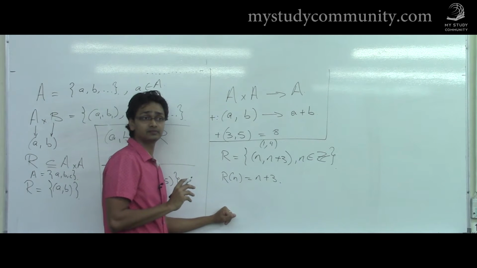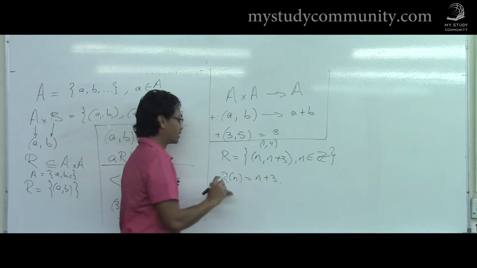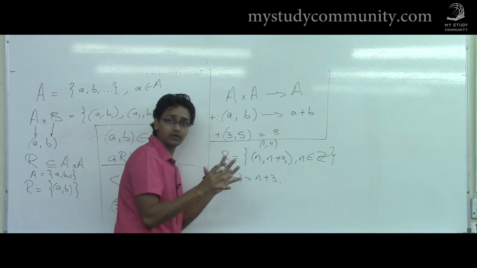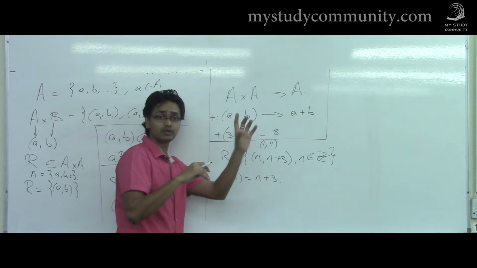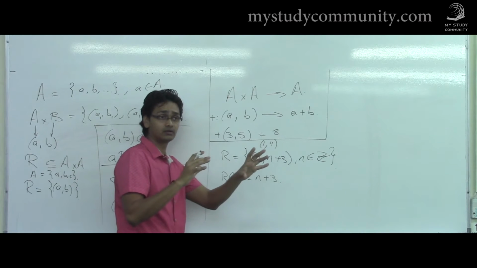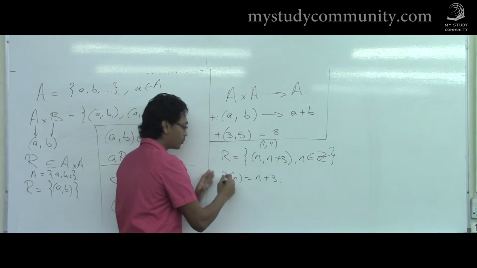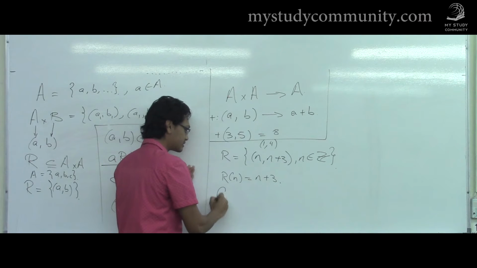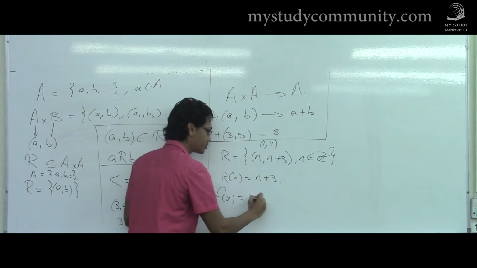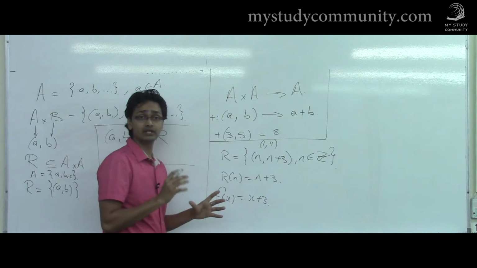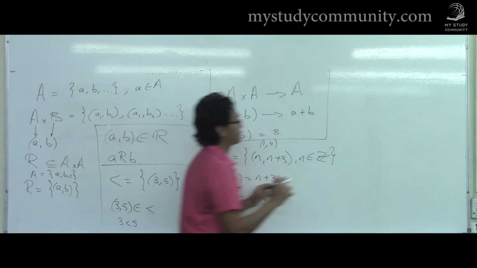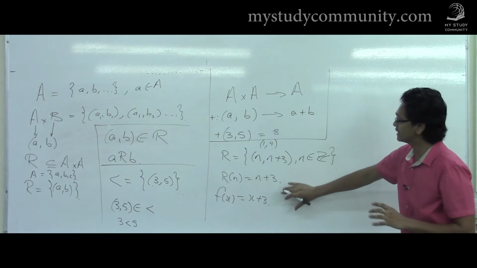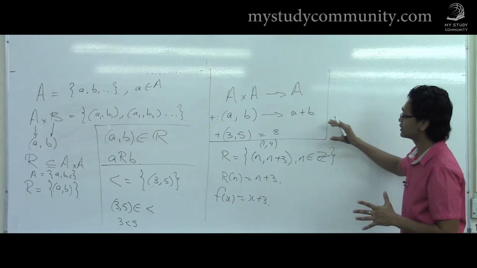Yes? Now we do some magic on a relation to get a function, with respect to the domain and being one-to-one. And so what you are accustomed to is f(x) = x plus 3. Everybody's okay with this? Nice. So I just want to bring this back to binary operations.